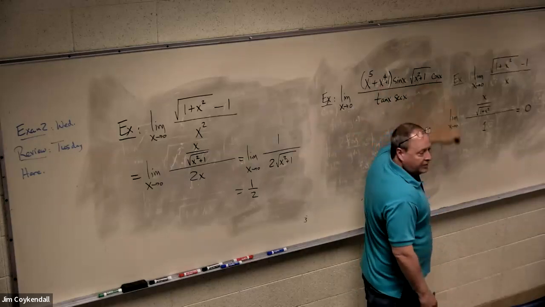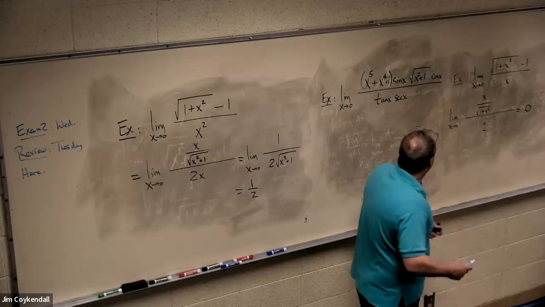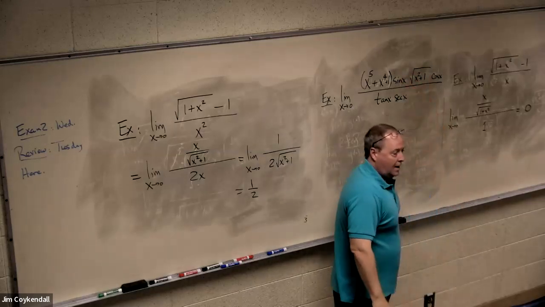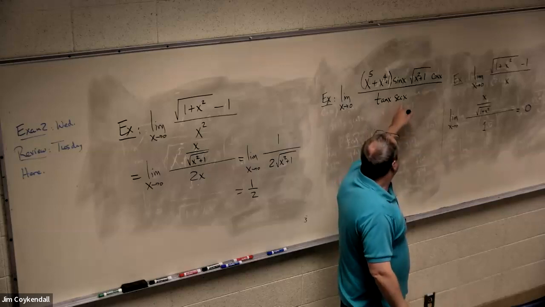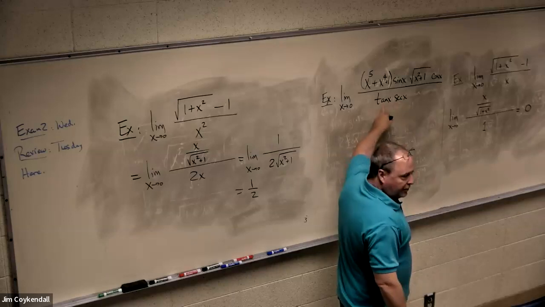That piece gave you 1. The only reason this thing is 0 on the top is because of this. This was the bad one, the offender. All right. Look at the bottom. Secant of 0 is 1. This is the only reason the bottom is 0.